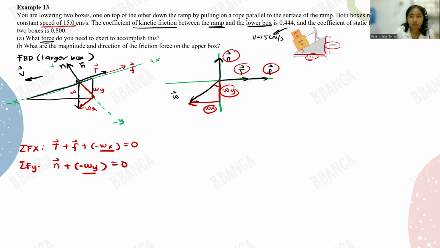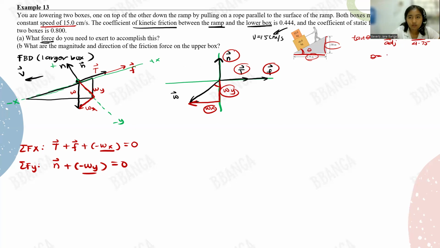So, pwede kong isolve tong theta na to by using tan theta is opposite over adjacent. Okay, which is simply 2.50 over 4.75. So, this will give you the theta that is simply tan inverse ng 2.5 over 4.75.